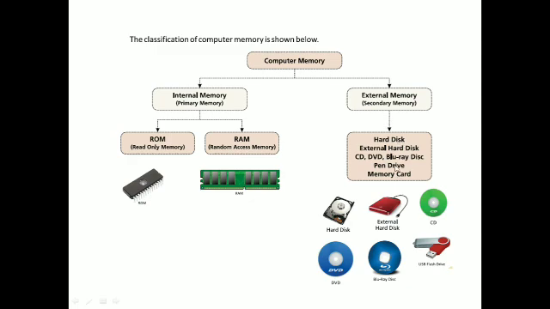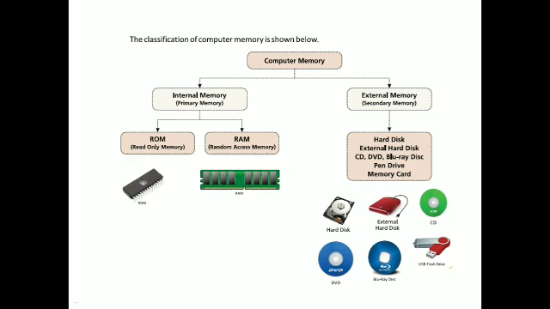The next is external memory. Mainly, external memory consists of hard disk, external hard disk, CD or compact disk, DVD or digital versatile disk, Blu-ray disk, and pen drive, popularly known as USB flash drive. These are the secondary storage devices where you can store the data permanently.